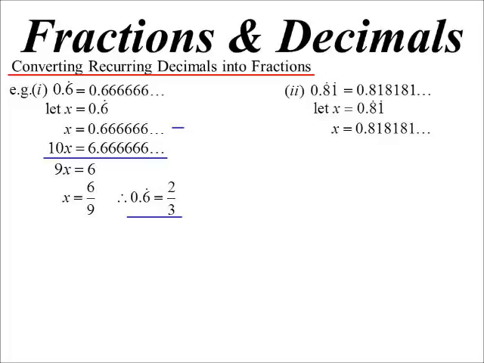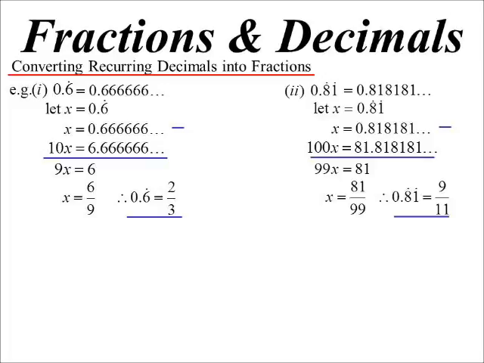They don't line up and I can't subtract. So I've got to multiply by 10 to the power of however many numbers are repeating. So 10 to the power of 2, or 100. That gets the repeating part lining up. And we get 81 over 99, which of course simplifies down to be 9 on 11.